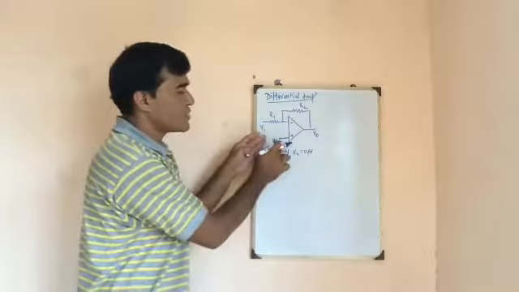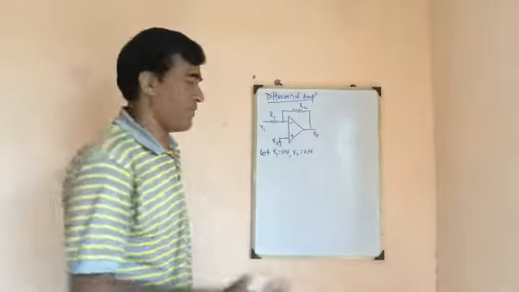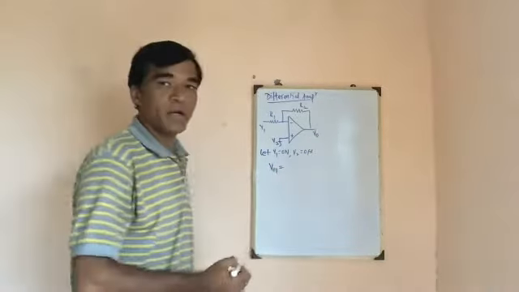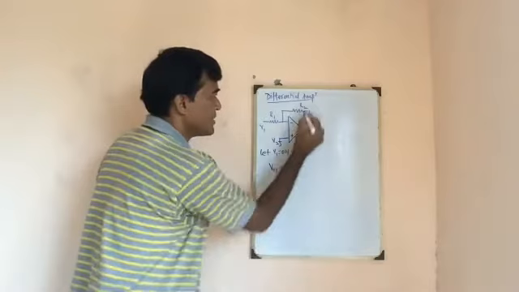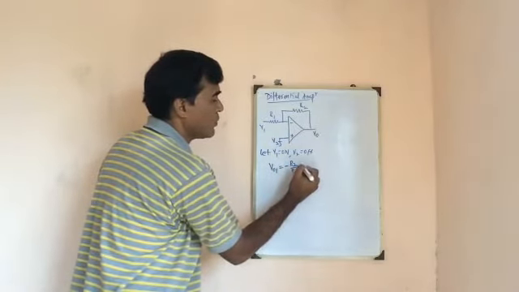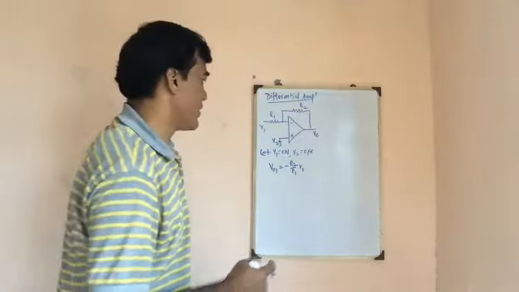Now by connecting this V2 to the ground, this circuit becomes the inverting amplifier, and I can write the output voltage, let us say V01, as minus R2 divided by R1 into V1. Is it right? Because it is the inverting amplifier.